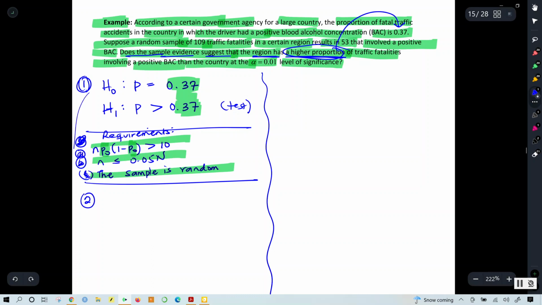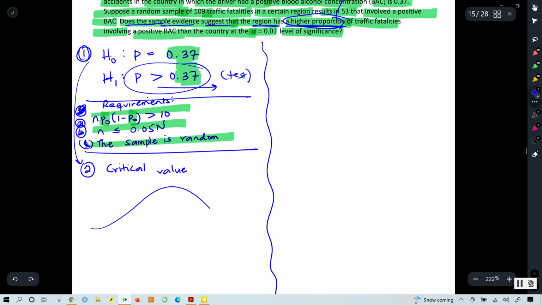In this step, which is step 2, we need to find the critical value. And why do I have one value here? This is a one-tailed right-tailed test. So I'm going to draw the distribution. And this right tail tells me I should put this on the right. So I have the right tail there.